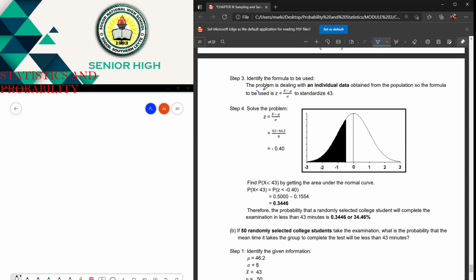When you look in your z table, I hope it's still with you, we need to find negative 0.40.